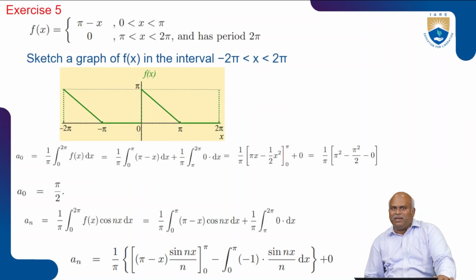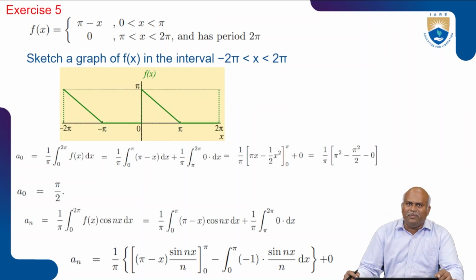For another example, take f of x equal to pi minus x, with the interval 0 less than x less than pi, and 0 for pi less than x less than 2 pi, with period 2 pi. Now we need to draw this graph.